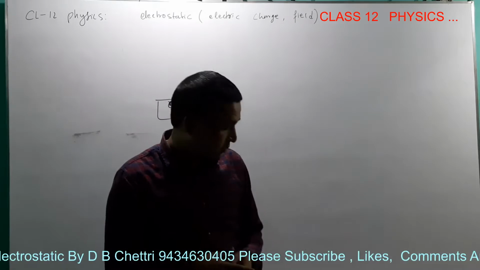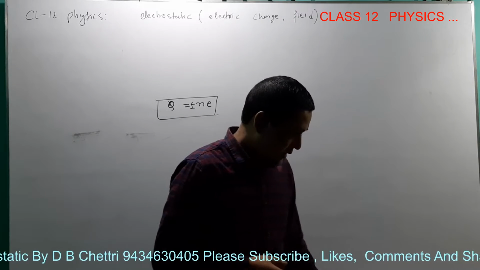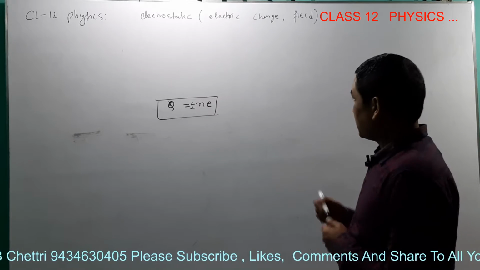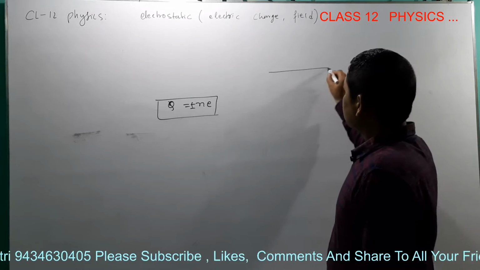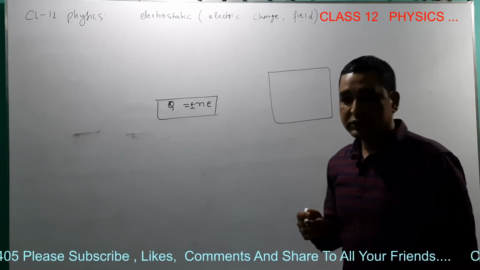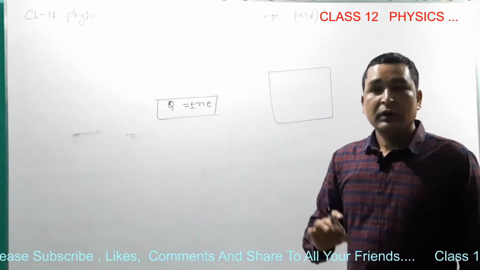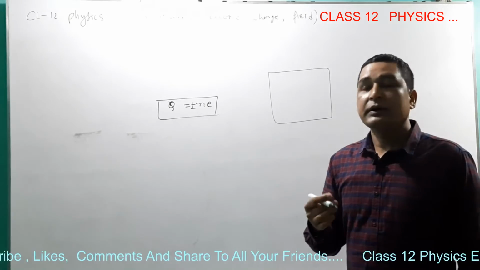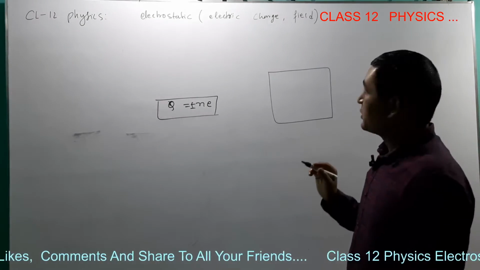I'll explain how it functions by making a rough sketch. This is a transparent box, and this box is there to protect the gold leaf from dust particles and molecules.